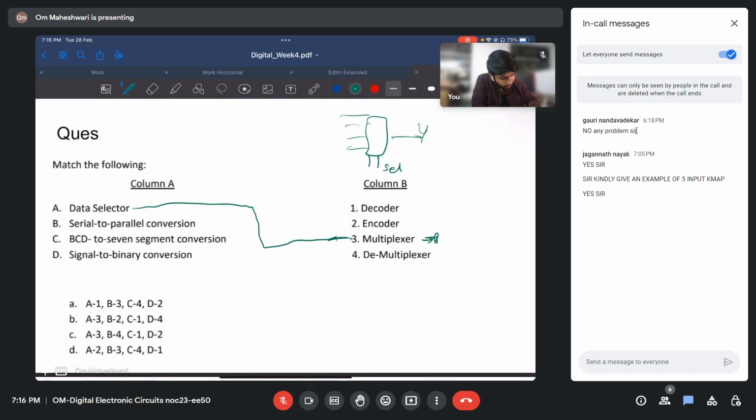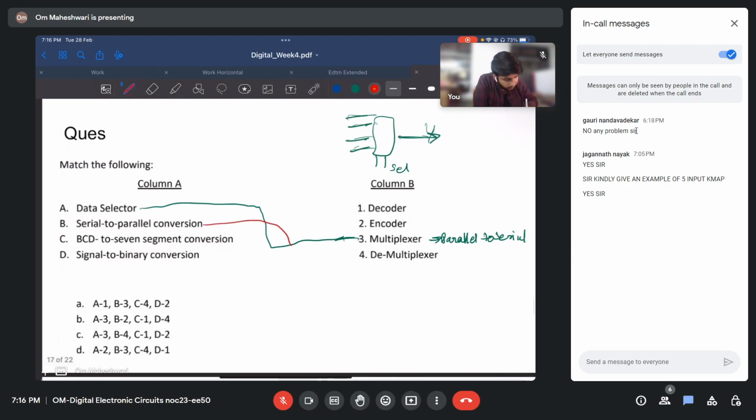Multiplexer is parallel to serial: we have parallel inputs coming and serially we give them. The opposite of that, demultiplexer, will be serial to parallel. In demux, we have one input and multiple outputs depending on select lines.